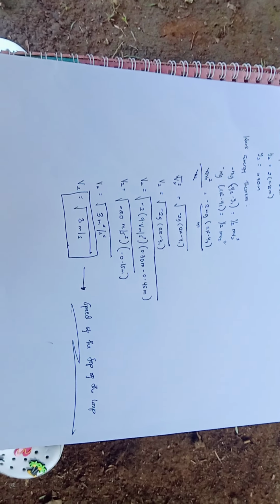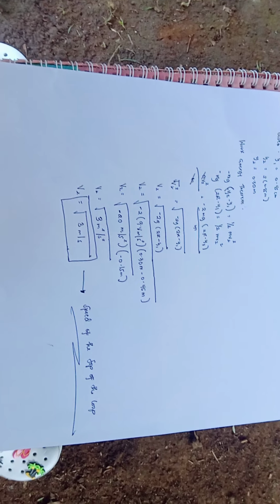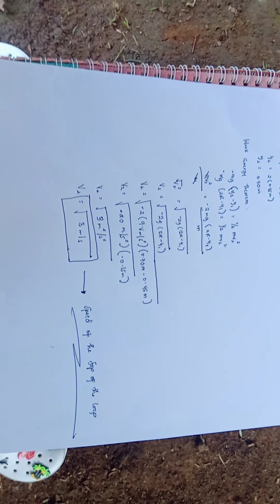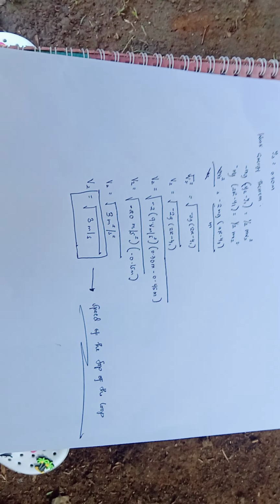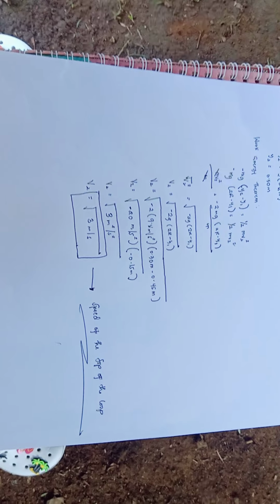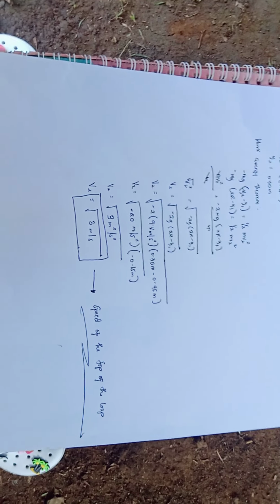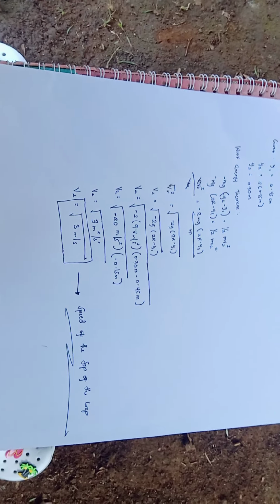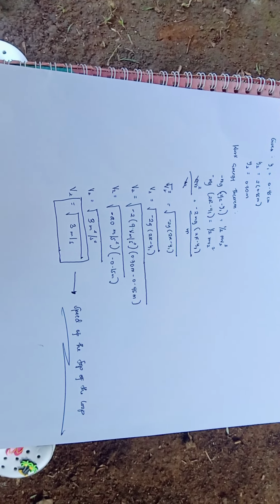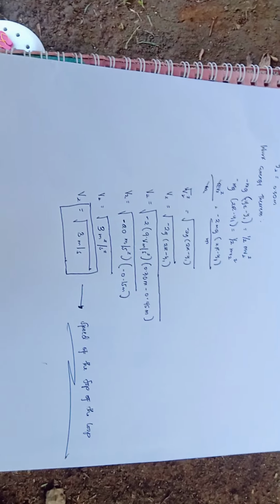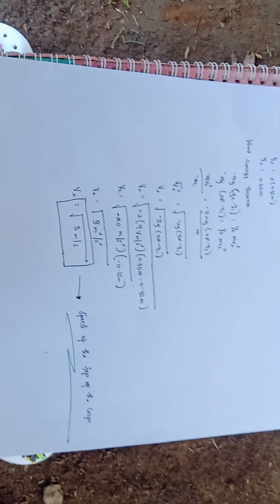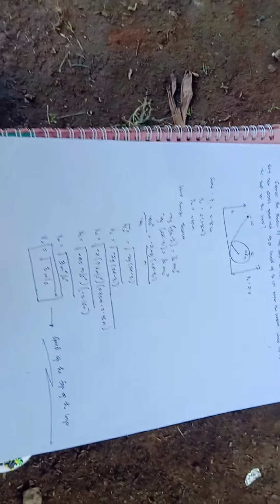For velocity 2, which equals 3 meters squared per second squared, the final answer is the square root of 3 meters per second. So our speed at the top of the loop equals the square root of 3 meters per second. That would be all. Thank you.